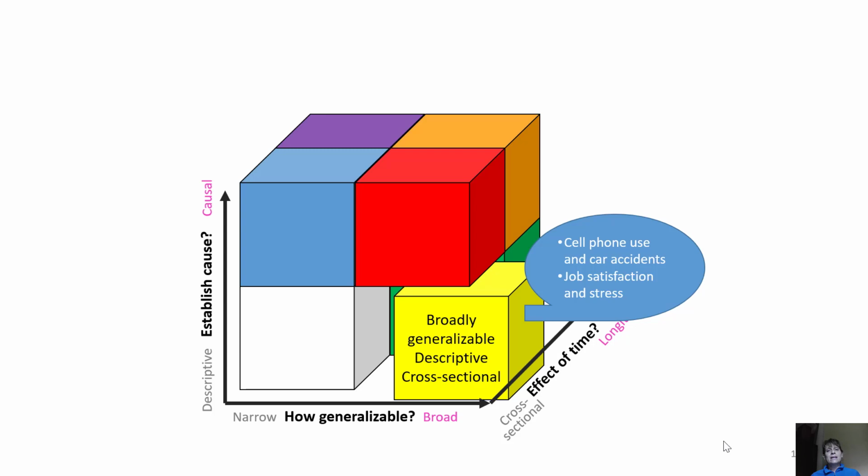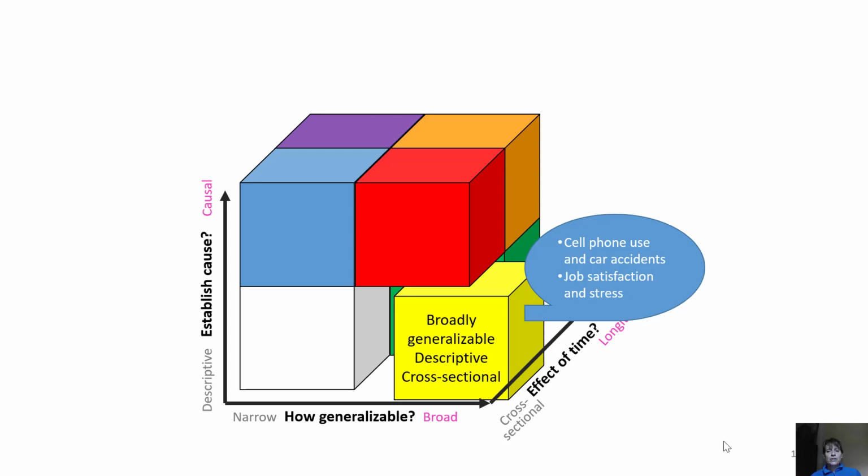Rather, we're going to collect data across many different contexts and then evaluate that data to see if there is a relation. As we discover there's a more and more consistent relation, we get closer to being able to establish cause. Much of the research that has evaluated the link between cell phone use and car accidents has been done in simulation and controlled environments.